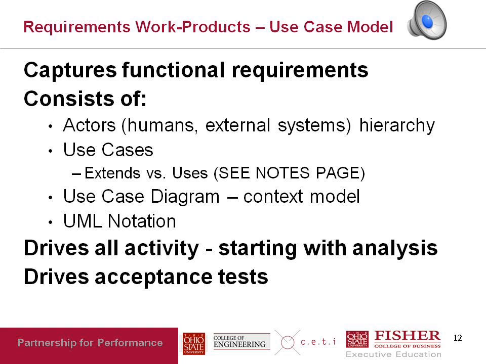Most structured processes, in fact, all structured processes, use use cases as a starting point. Use cases drive all other activity, starting with analysis, and they also end up closing the loop with the acceptance tests that users will do in order to accept or validate the system or actually to sign off on the system.